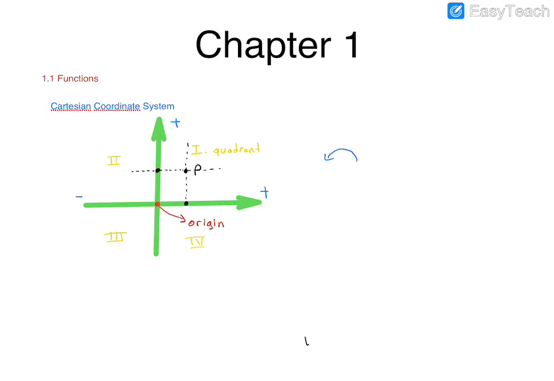How? Consider the distances from the origin to the point on the horizontal axis.